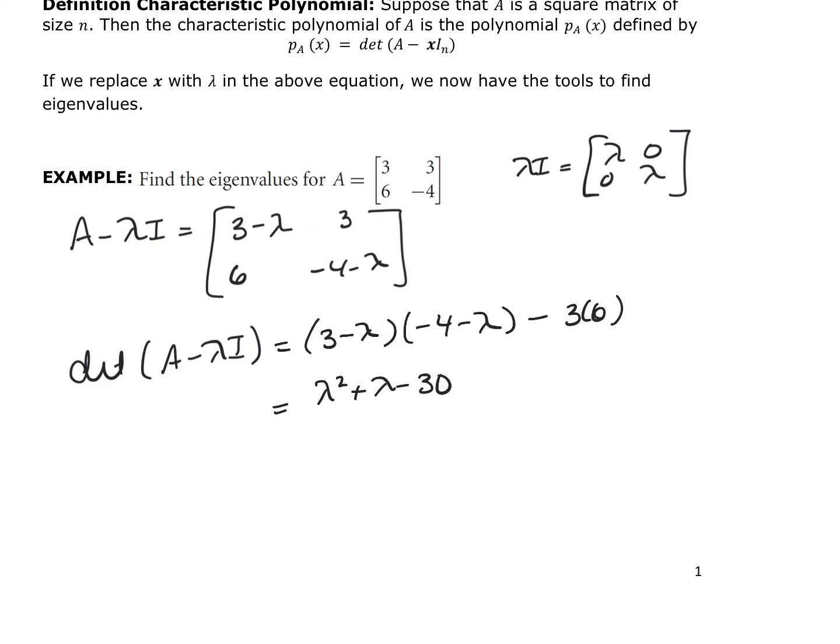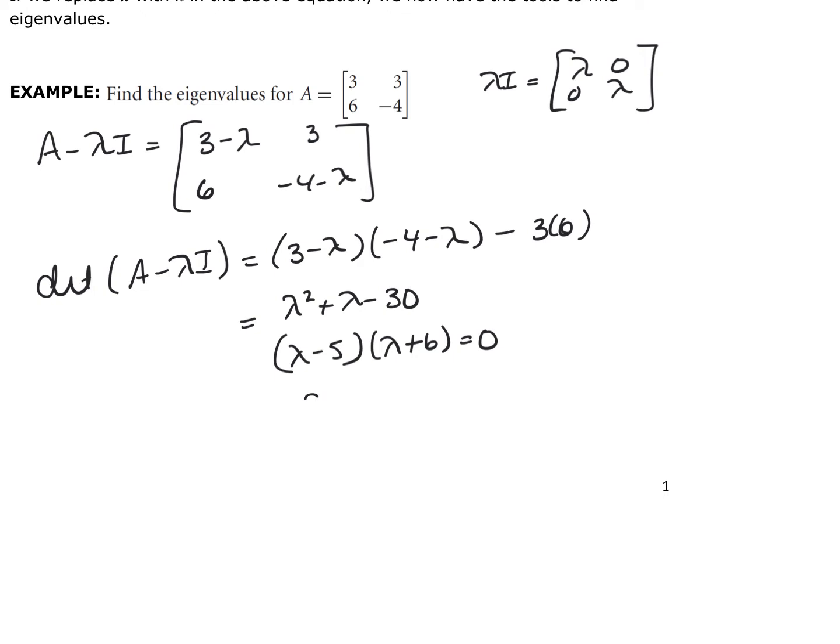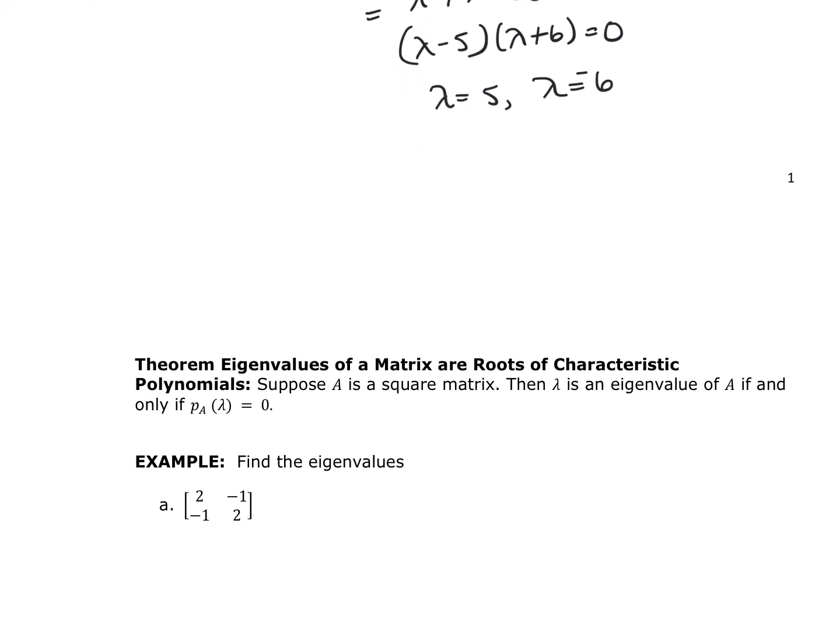So if we were to factor this and set it equal to 0, we'd have lambda minus 5 and lambda plus 6 equal to 0. That means lambda is equal to 5, and lambda is equal to negative 6. So we have found our eigenvalues. We're going to find the eigenvectors in a moment. We're just finding our eigenvalues.